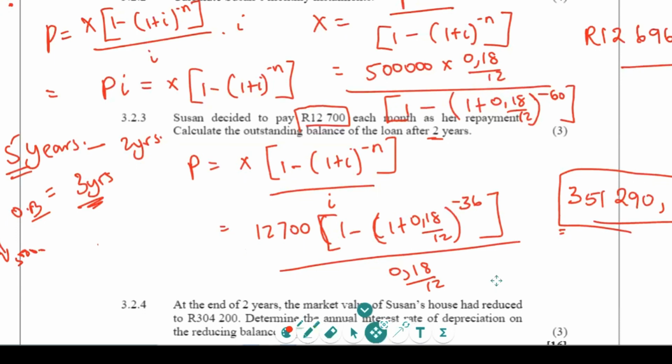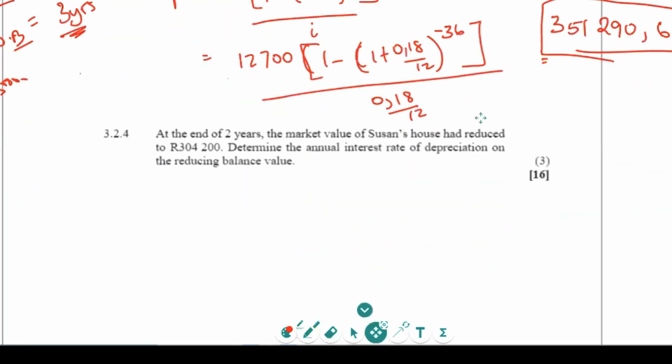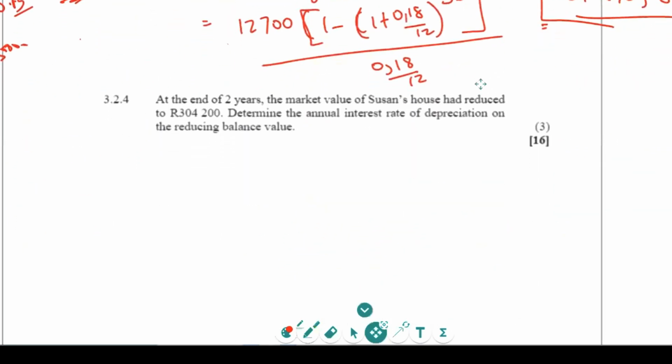Then 3.2.4, they're telling us that at the end of 2 years, the market value of Susan's house had reduced to 304,200. Now they want us to determine the annual interest rate of depreciation on the reducing balance. So we need to differentiate between reducing balance and growth, or even simple depreciation.